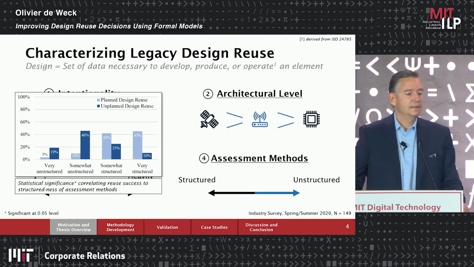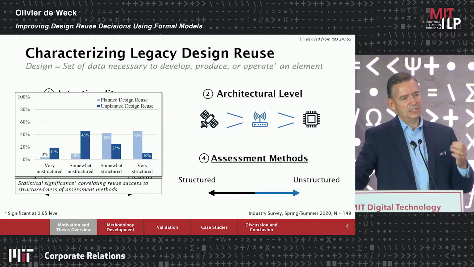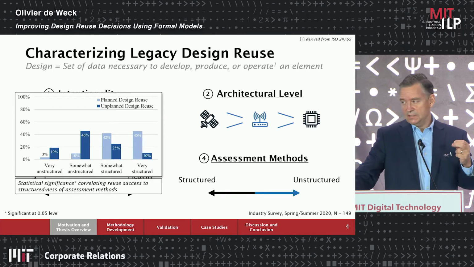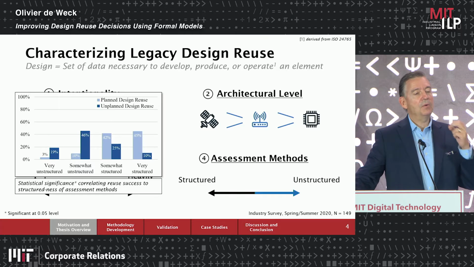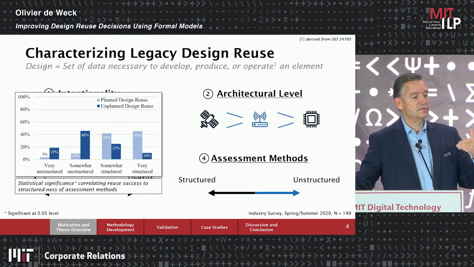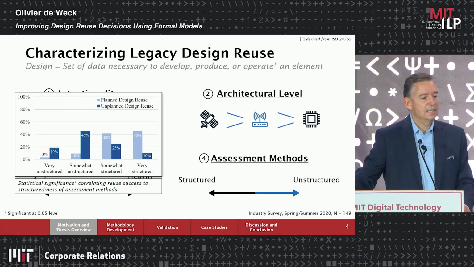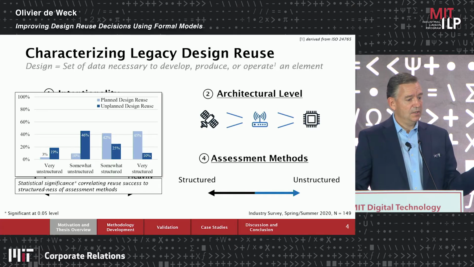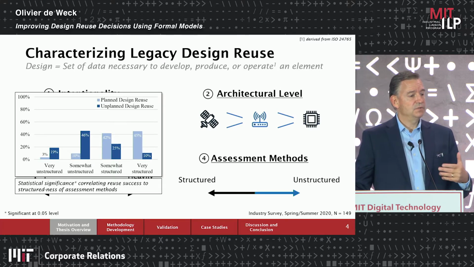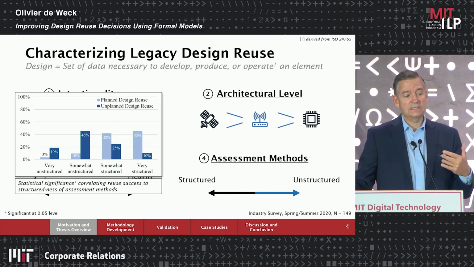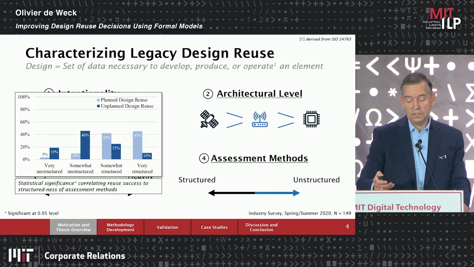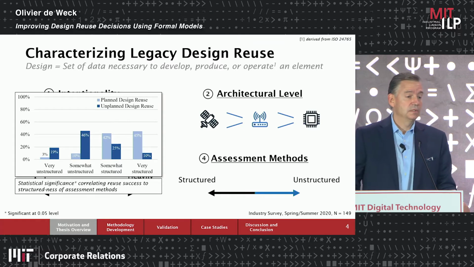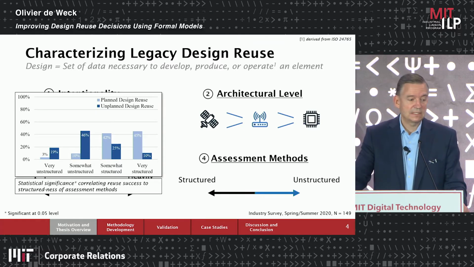And then finally, when you're making the decision, we are going to reuse this piece or we're not going to reuse it, how are you making that decision? Is it sort of intuitive? Is it based on experience? Is it a structured method where you're going to go through some rigorous analysis? And as you can see here, planned reuse is much more rigorous, unplanned reuse tends to be much more unstructured, and sometimes leads to not good outcomes, as I'll show you.